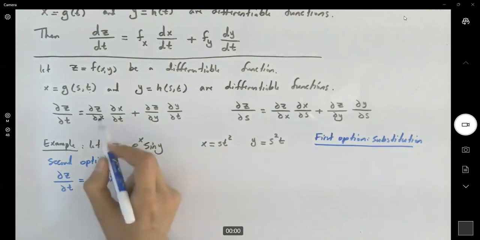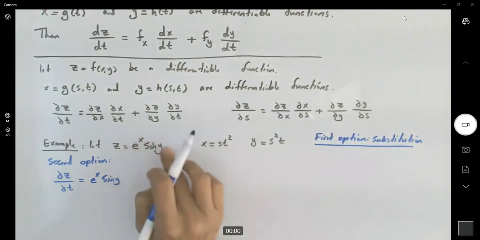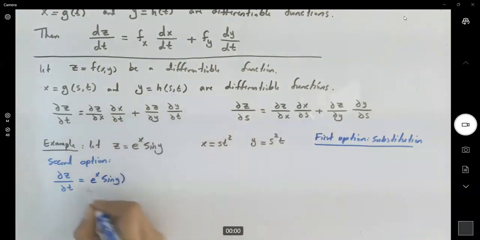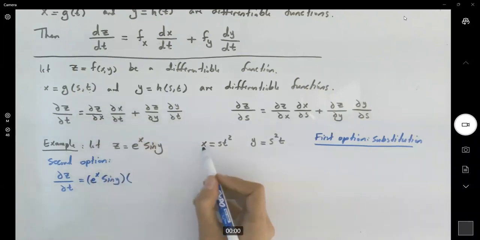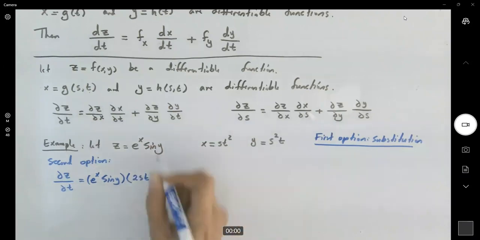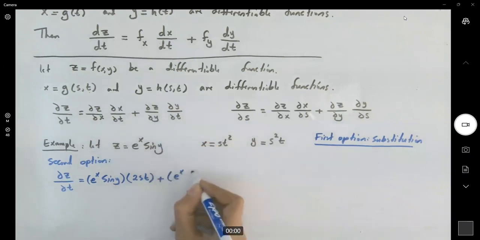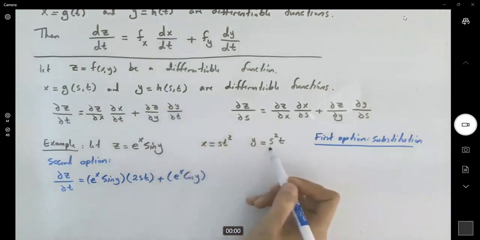Guys, when you're taking the partial derivative with respect to x, your y is just a constant. It means that sine of y is just a constant. And multiply this guy with partial derivative of x with respect to t, which is 2st, plus partial derivative of z with respect to y, which is e to power x cosine y, times partial derivative of y with respect to t, which is s squared.